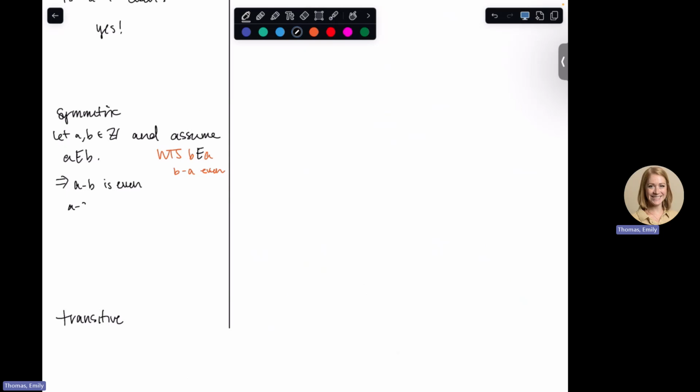So that means that A minus B is 2k for some integer k. What does that tell us? k equals (A minus B) over 2. Yes, but not helpful. B minus A is 2 times negative k.